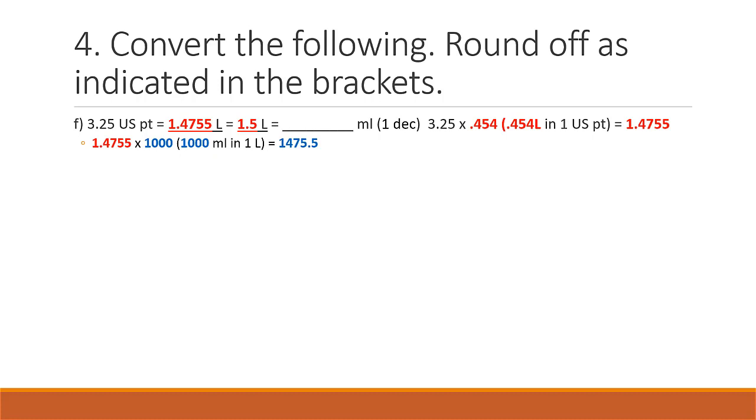Let's now convert that same amount into milliliters. And again, we can go a couple of different ways. What we're doing here in the first example is taking the amount of liters and converting that into milliliters. Since there are 1,000 milliliters in a liter, we multiply the unrounded answer of 1.4755 by 1,000, and we get 1,475.5 milliliters, and we're happy with that one.